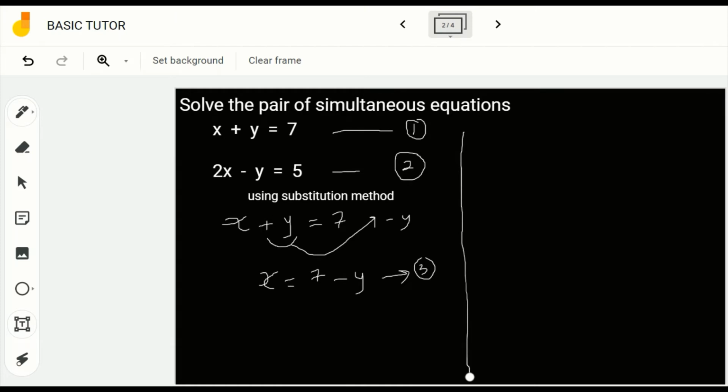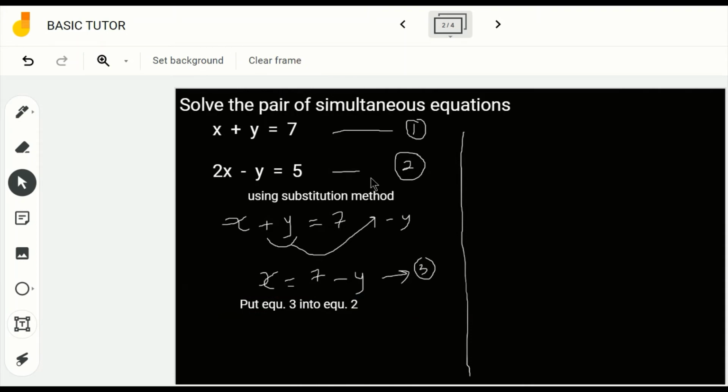Step 2, we put this equation into equation 2. So I can put equation 3 into equation 2. So step 2, put equation 3 into equation 2. Alright, so let's go.